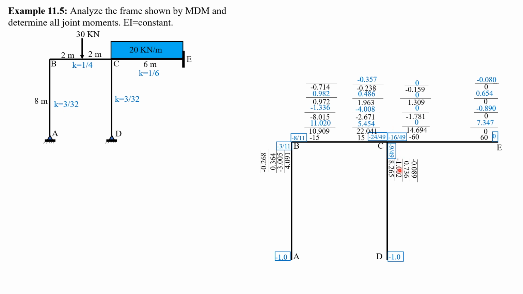Negative 0.357 times negative 9 over 49, 0.066, lock partially. Negative 0.08 times 0, lock partially. Half of 0, half of 0.117, 0.058, half of 0.087, 0.044, half of 0.175, carry over there, 0.088.